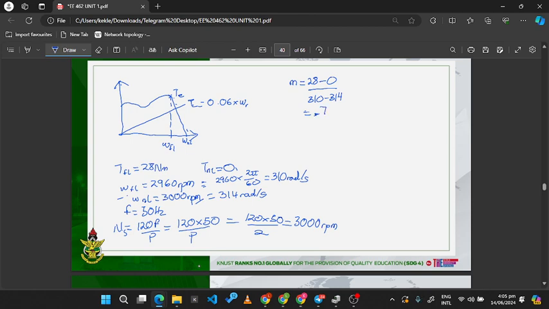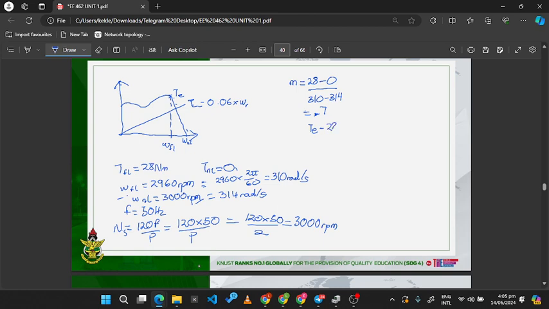Then to get the equation of the line, we could simply do TE minus any pair of points we pick. So let's pick the full load.